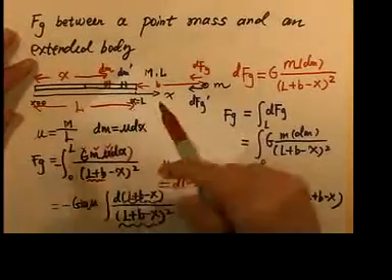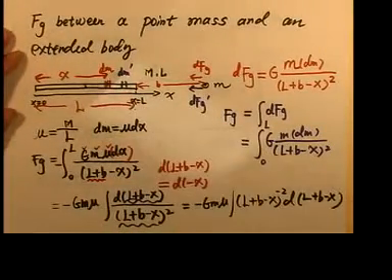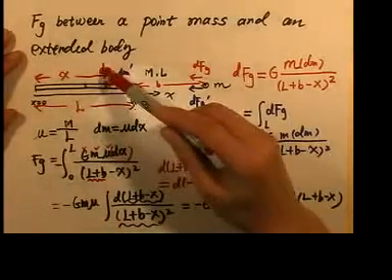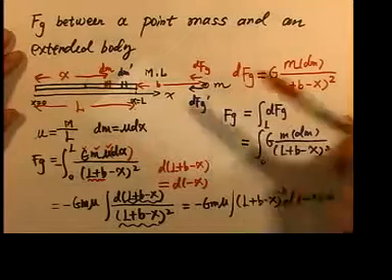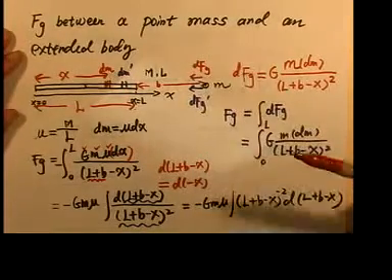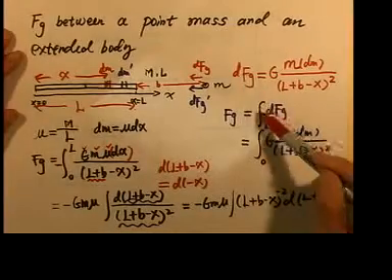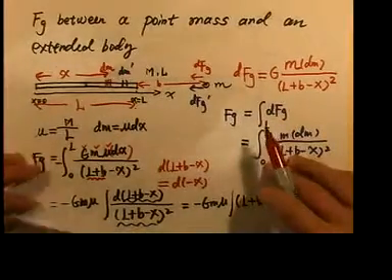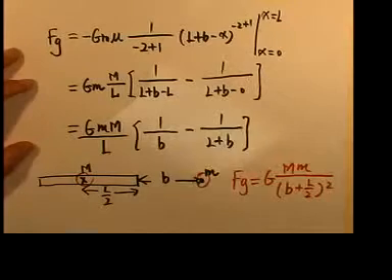We must cut a small slice and name it dm, and calculate the gravitational attraction between this point mass dm and that particle m to find dF_G. Then we add all the dF_G, and we get our correct result, which is this one.